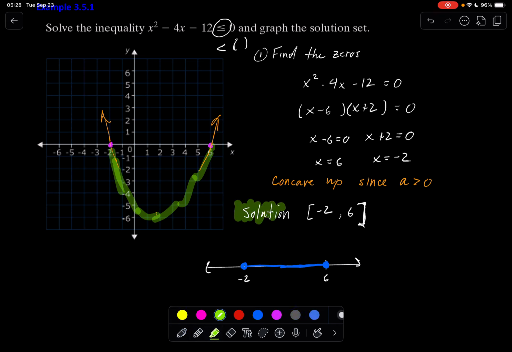But this is really what we're after. So what this means is, right, any x value in this interval will produce an f of x value that is less than or equal to 0. Okay. That's all that means.